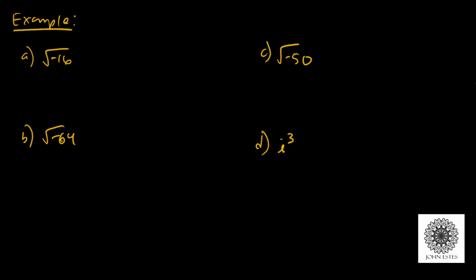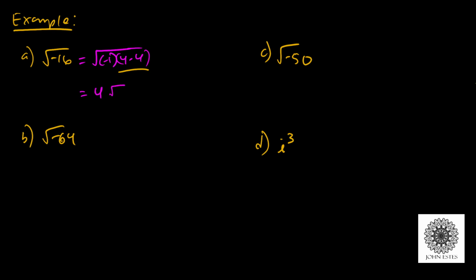In example part A, we have the square root of -16. Now I'm thinking of two things that multiply to give me -16. The way I think about this is I know 4 times 4 gives me 16. So I'm going to break this down like this: -1 times 4 times 4. Since the 4 shows up twice under the radical, I can take that out.